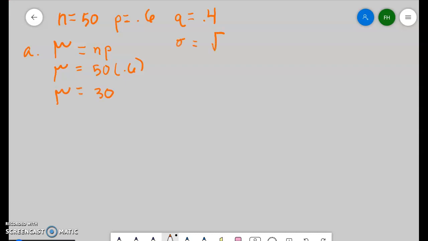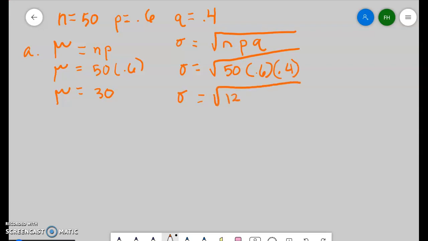The formula for the standard deviation of a binomial distribution is the square root of N times P times Q. N is 50, P is 0.6, and Q is 0.4. So the standard deviation is the square root of 12, which is 3.464. I think they wanted us to round to 3 decimal places.